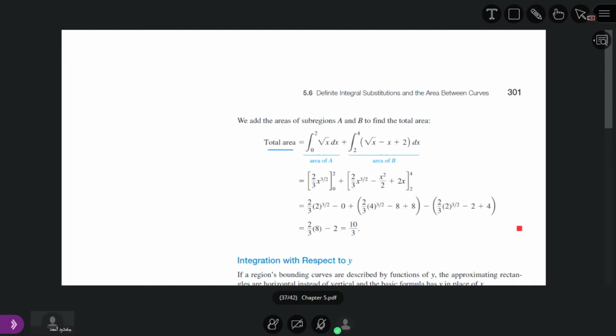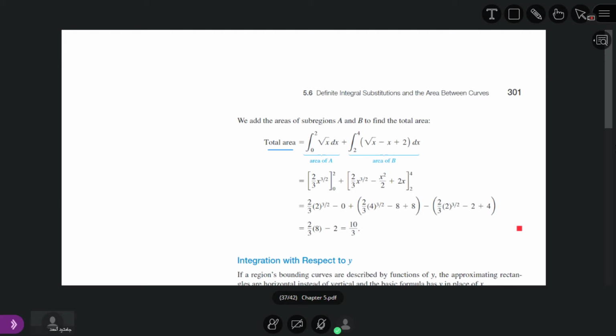Now what is the antiderivative of square root of x? The square root is the power 1 by 2, so we have x power 1 by 2.